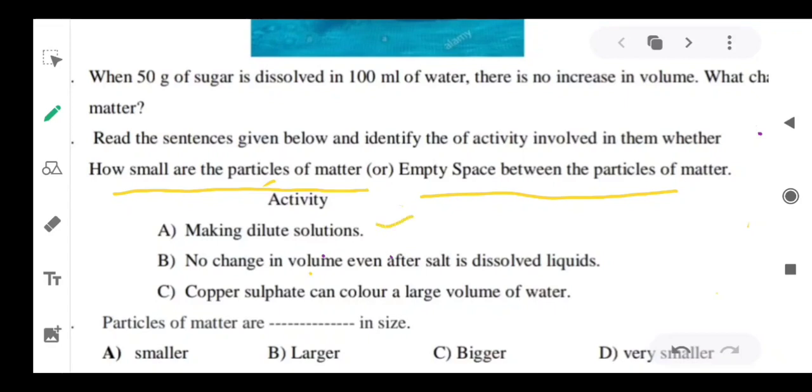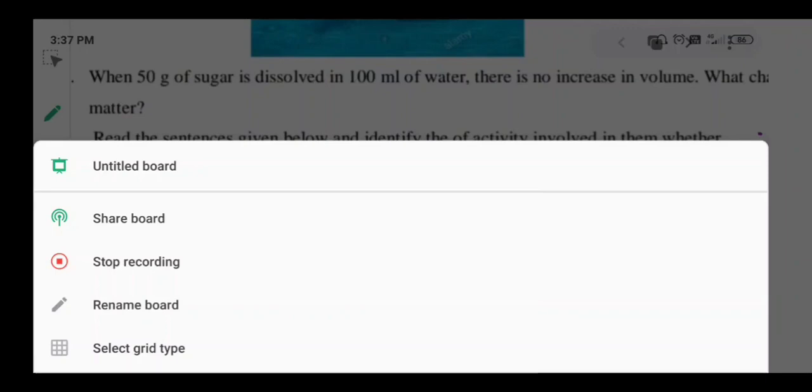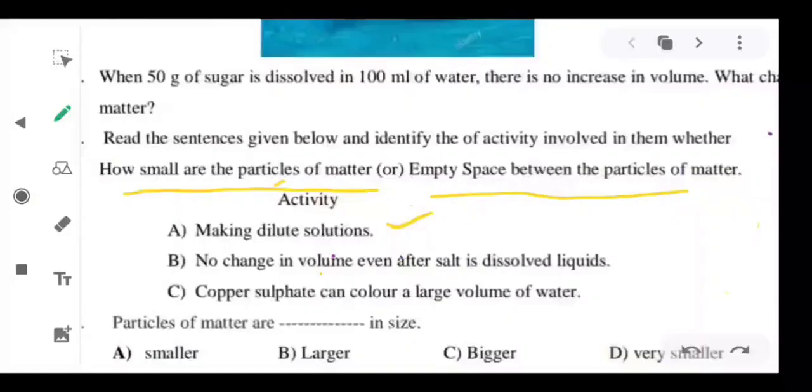We already did this experiment. In making dilute solutions, we see how small the particles are. So the answer is the first one, how small the particles are. So in A, making dilute solutions belongs to how small the particles of matter are.